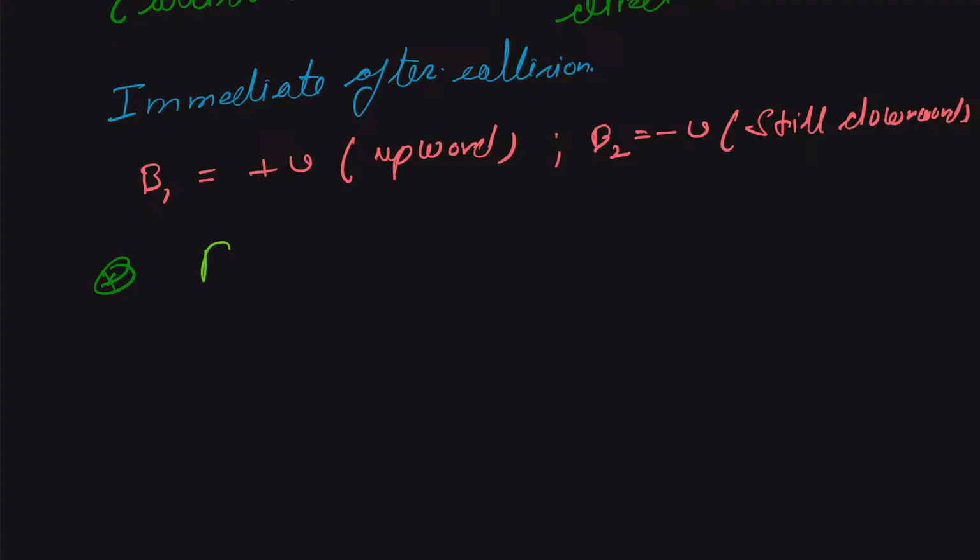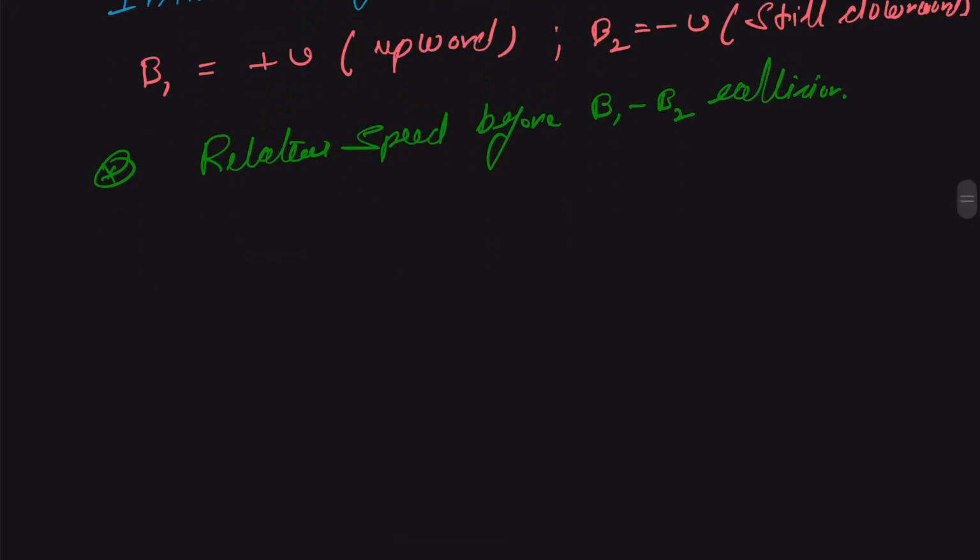You can say that our relative speed before B1 B2 collision, let us denote this as v relative, will be equal to plus v minus of minus v, which gives us twice v.